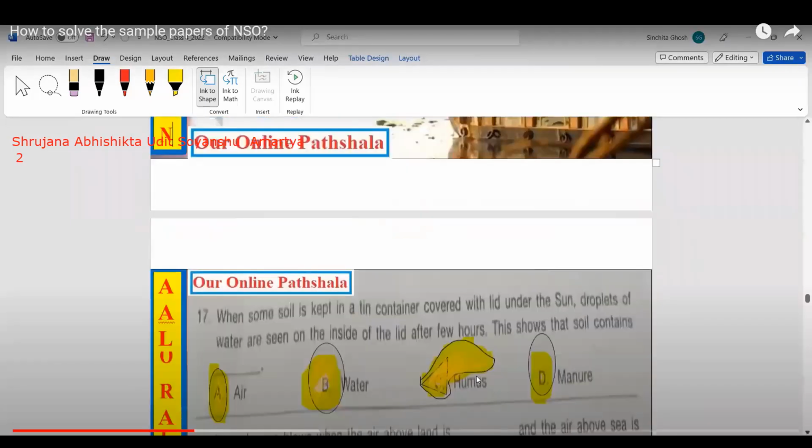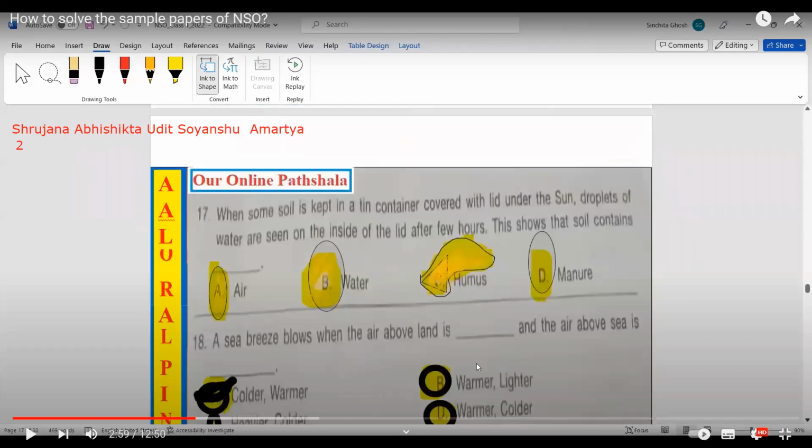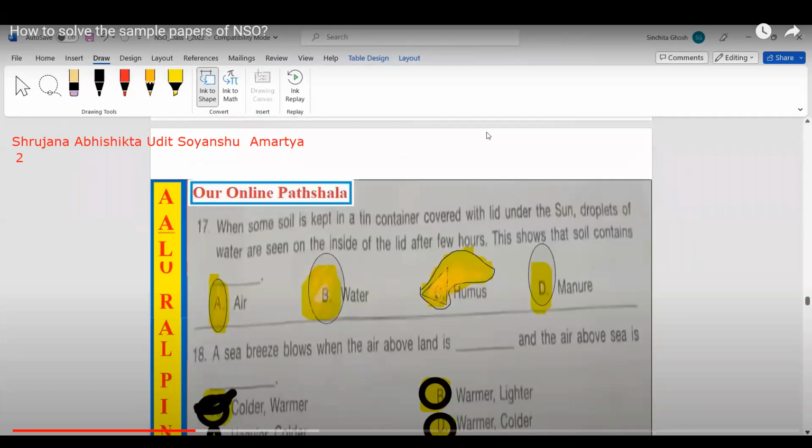Okay. Amoto, can you tell me this one, number 17? Hammer. Amoto, are you there? Yes, tell me, Amoto. Humus.